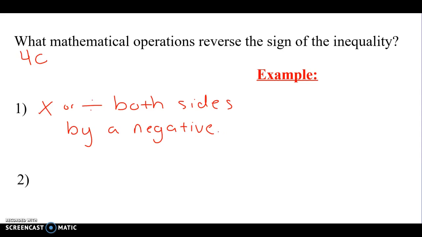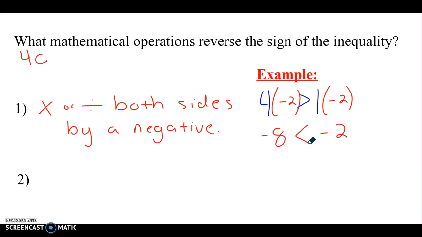So like we just did, if I have 4 is greater than 1, and I multiply both sides by negative 2, the left side is negative 8, the right side is negative 2, but in order for this inequality to make sense, I have to put a less than sign instead of a greater than sign. And then the other one is if you interchange the sides.